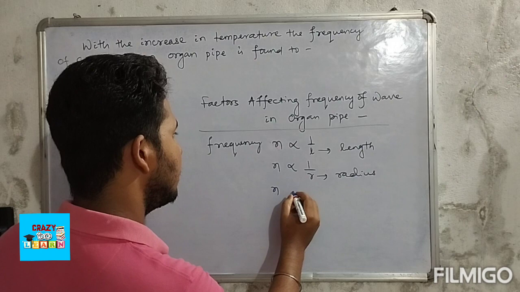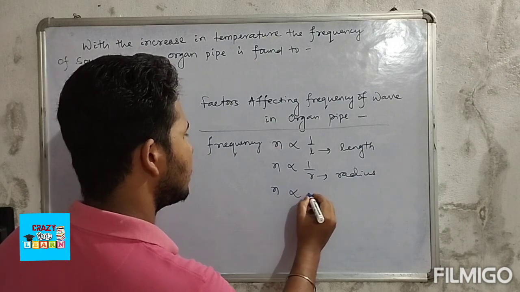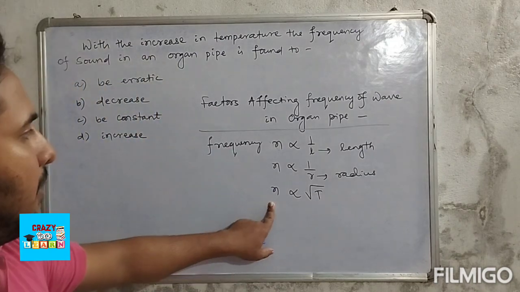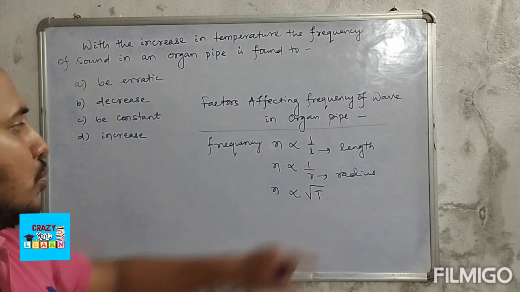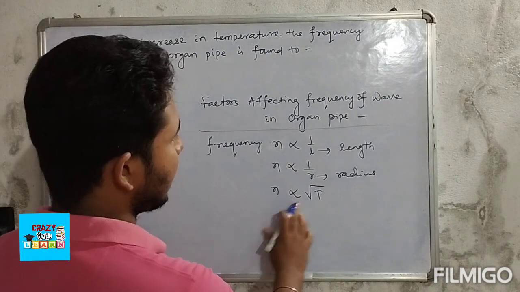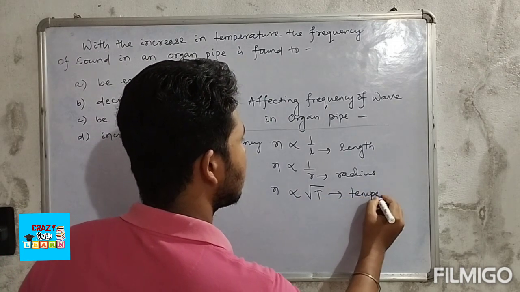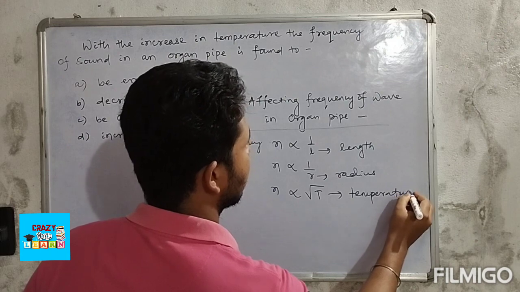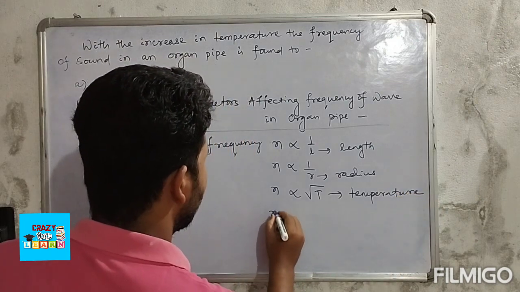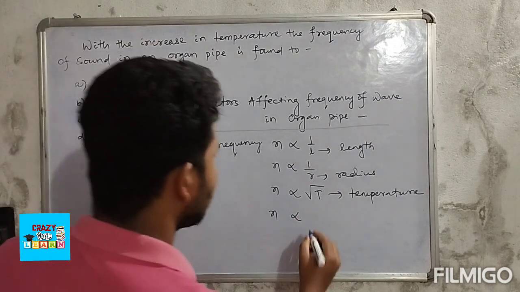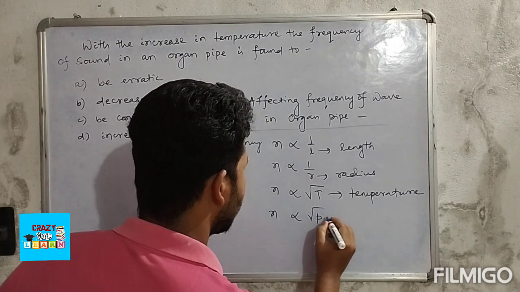N depends directly upon the square root of temperature. N depends directly upon the square root of pressure.